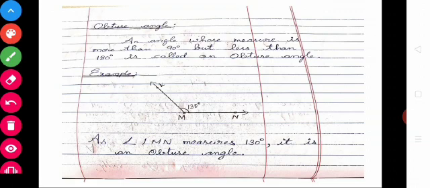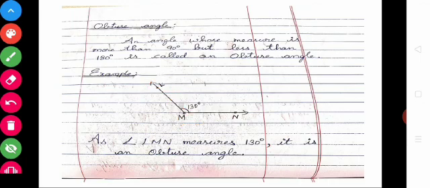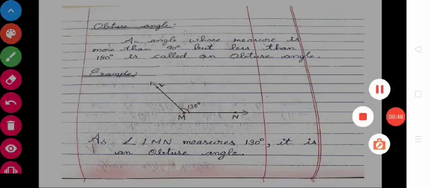Next one, obtuse angle: an angle whose measure is more than 90 degree but less than 180 degree is called an obtuse angle. Look at the example. Angle LMN measures 130 degree. It is an obtuse angle. It is more than 90 degree, less than 180 degree, so it is called an obtuse angle.